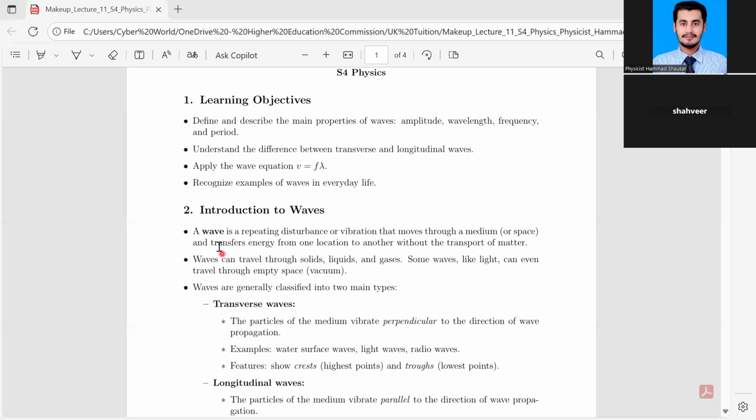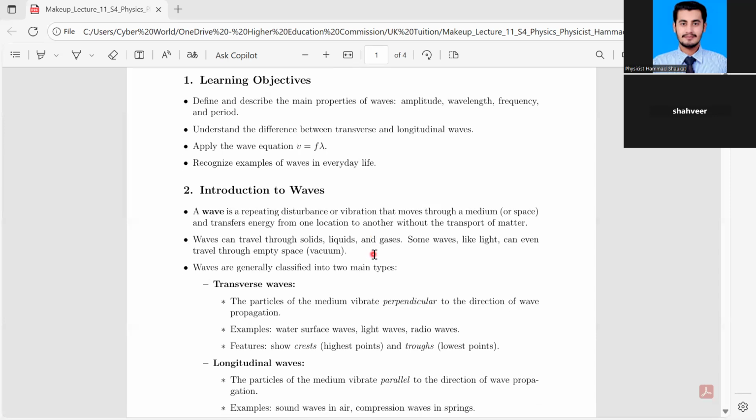You can also say a wave is basically a form of energy, and it transfers energy as well as information from one location to another. So a wave is a disturbance in a medium and it transfers energy from one location to another.